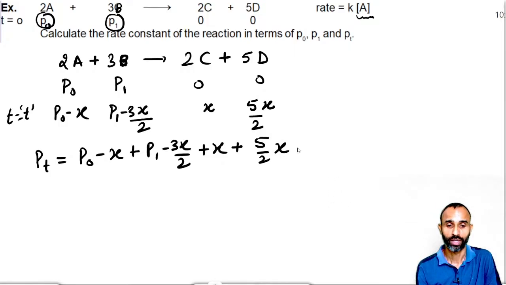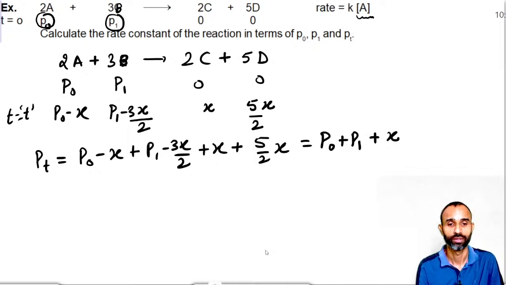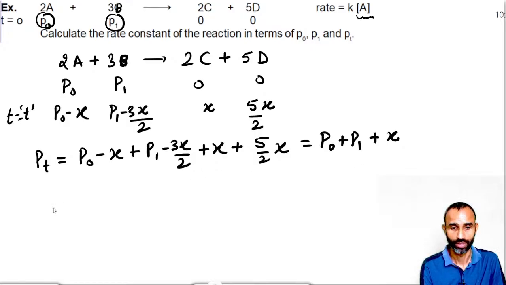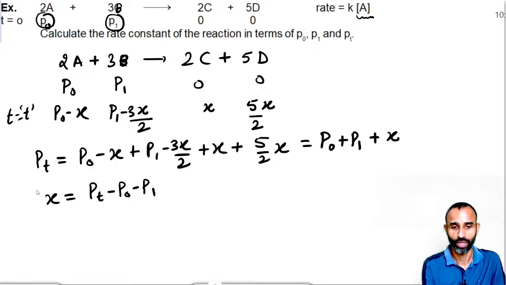So it comes out to be P naught plus P1 plus X. That implies X is equal to Pt minus P naught minus P1.